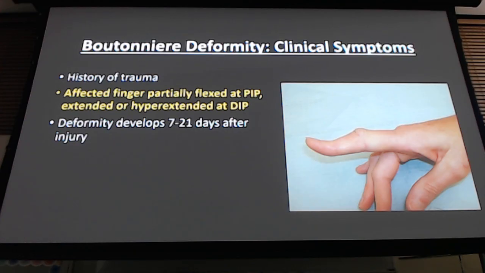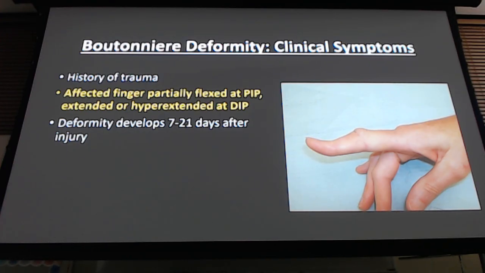But you're going to have a history of trauma. There's some precipitating event, an injury or insult. Then the finger will lie in a partially flexed position at the PIP and extended or hyperextended at the DIP. Now it's important to understand that they won't always present like this right away after certain injuries.